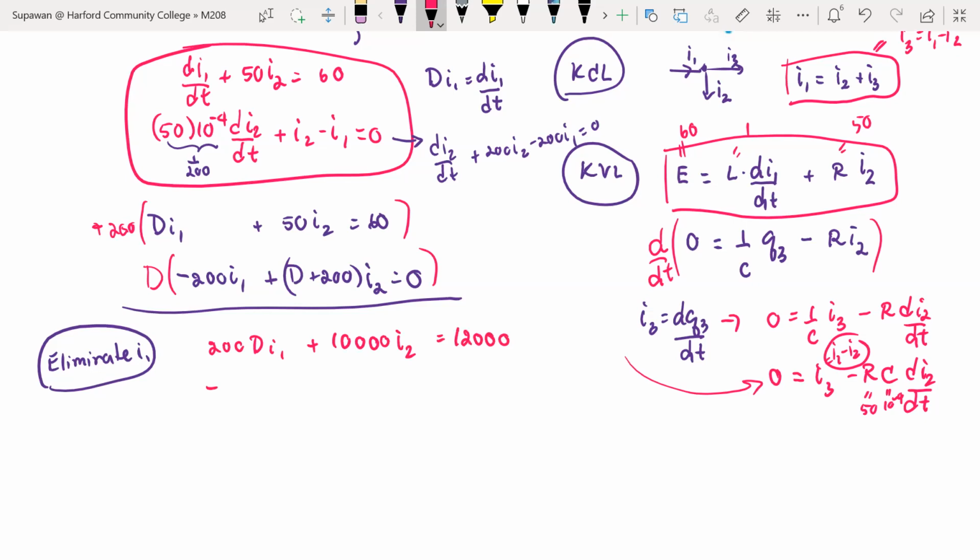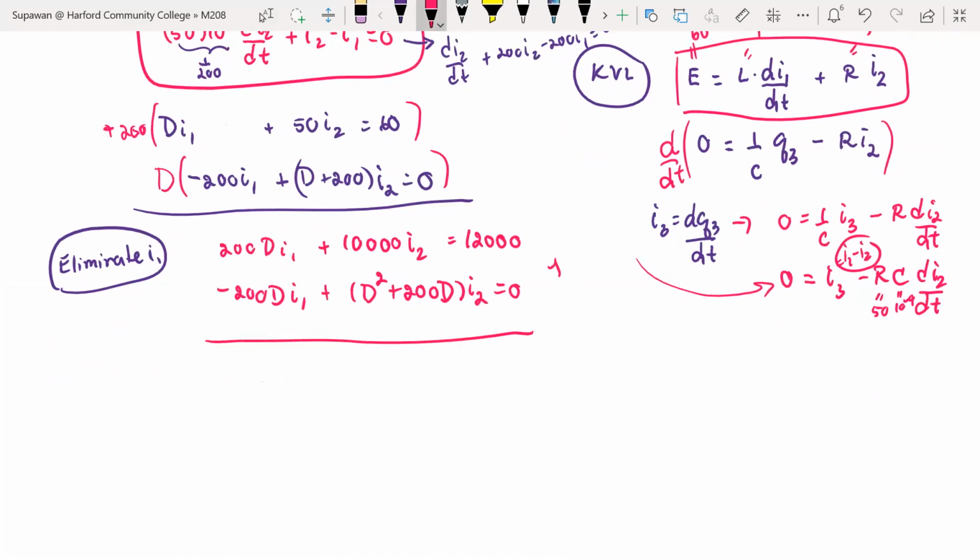The second equation becomes negative 200 D I1 plus D squared plus 200 D of I2 equals 0. Add these two equations to eliminate the I1 term. After we add them, we get D squared of I2 plus 200 of DI2 plus 10,000 of I2 equals 12,000.